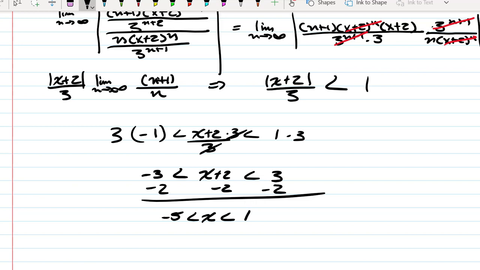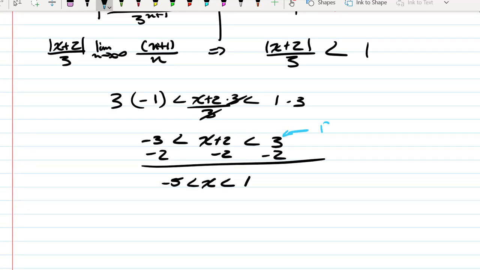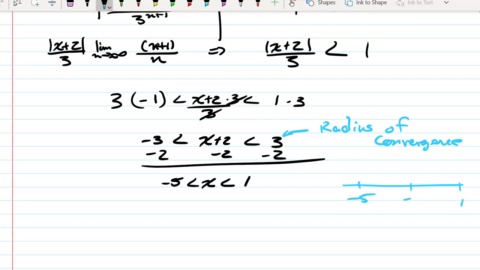So it's worth noting that at this point we have this right here is going to be our radius of convergence. It's 3, because if you take the distance from negative 5 to positive 1, the center is going to be here.